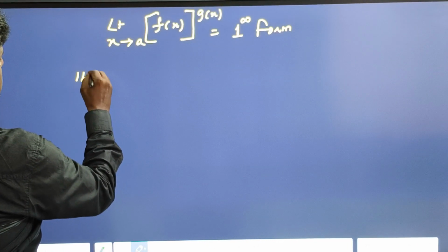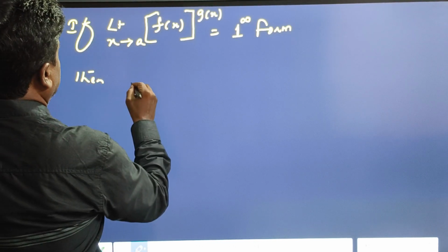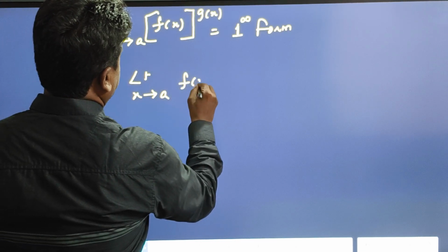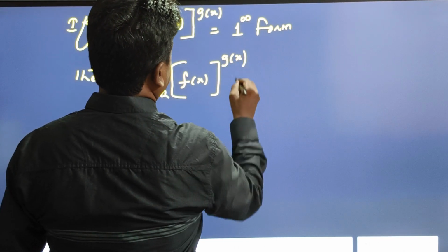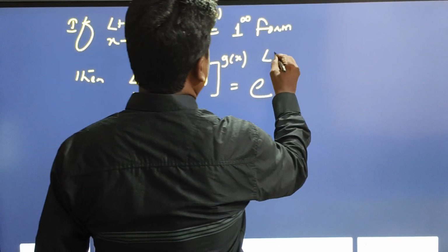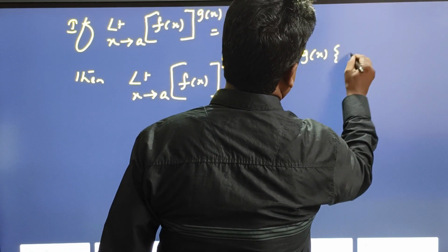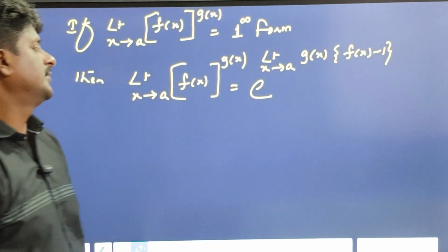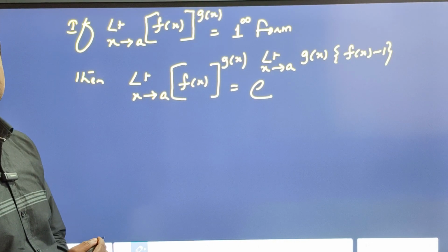Then limit x tends to a, f of x whole to the power g of x, is equal to e power limit x tends to a, g of x into f of x minus 1.